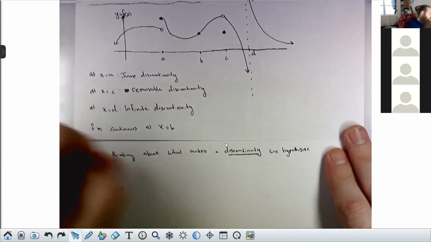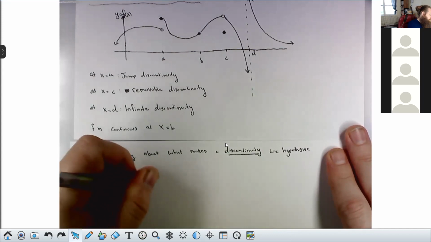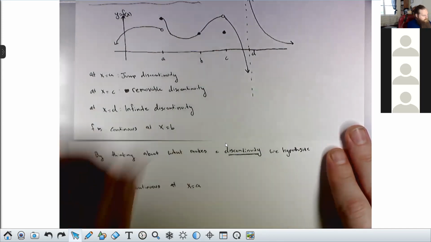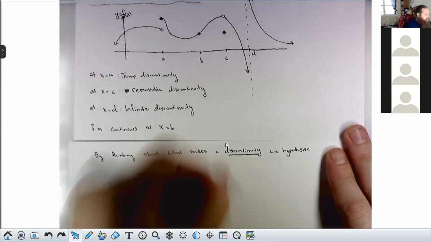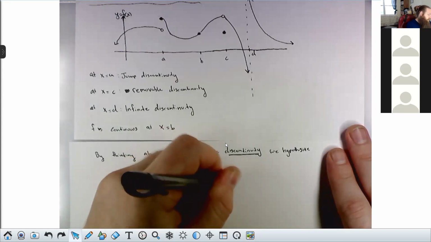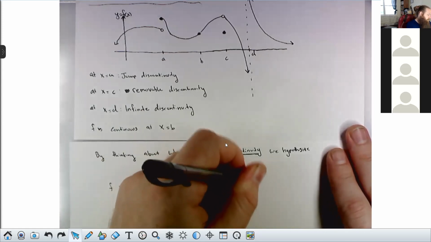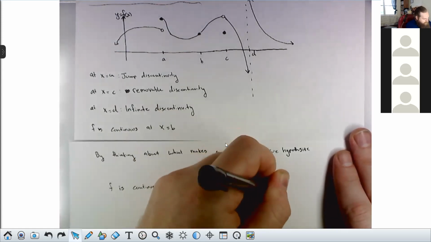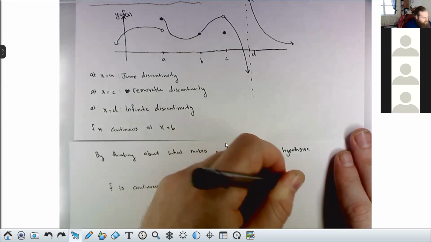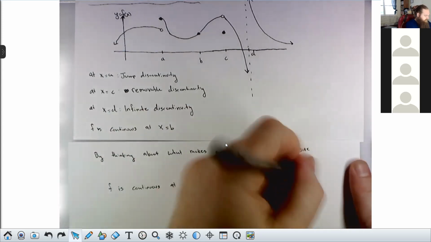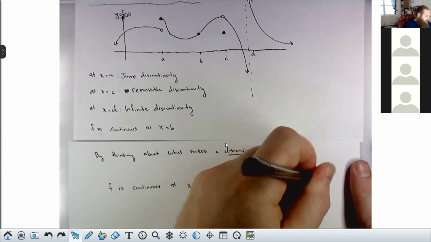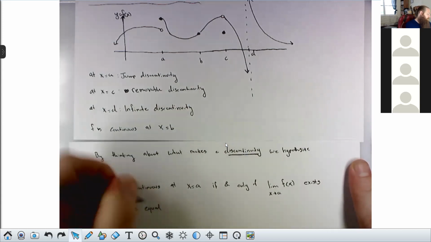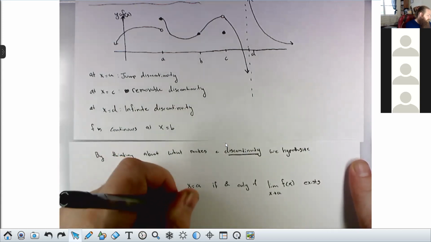F is continuous at, say, x equals a, not this a, but just a number a in general, if and only if the limit as x approaches a of f of x exists and is equal to the value of the function there.